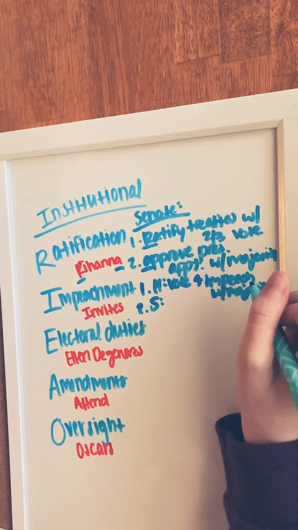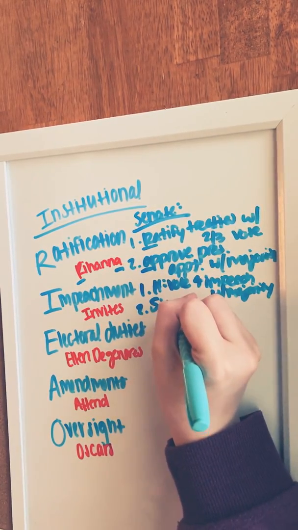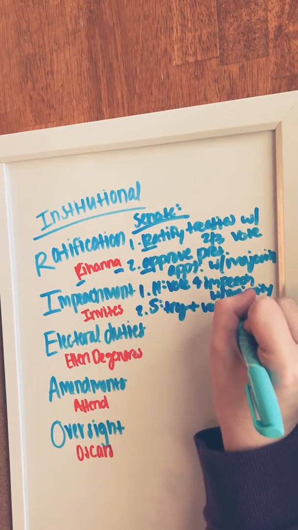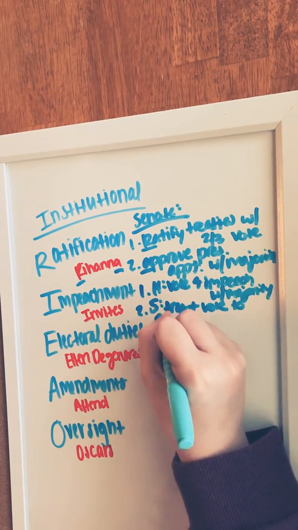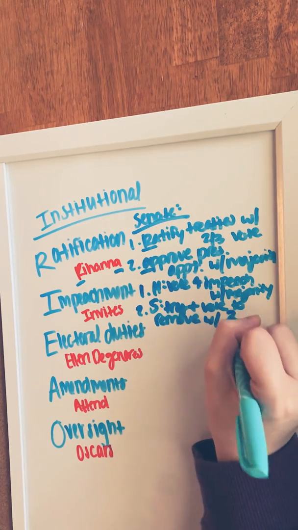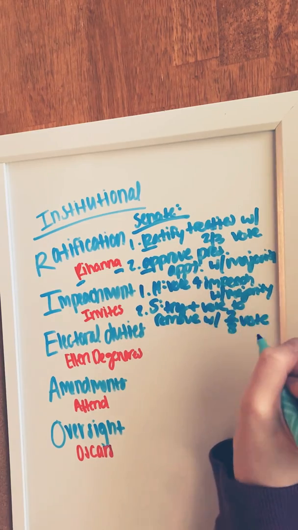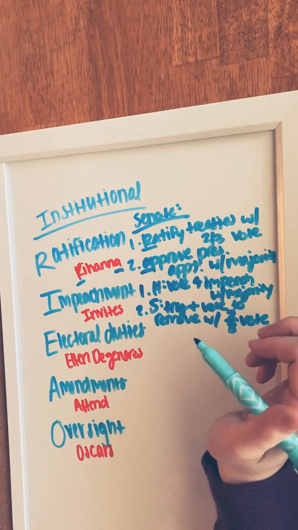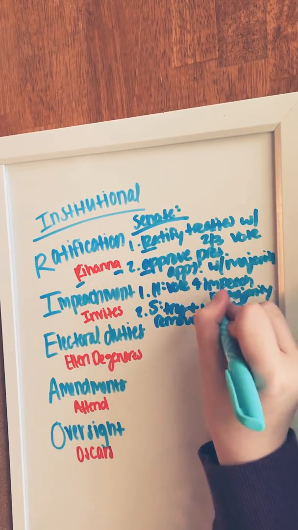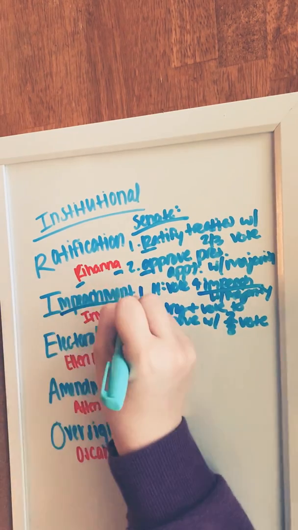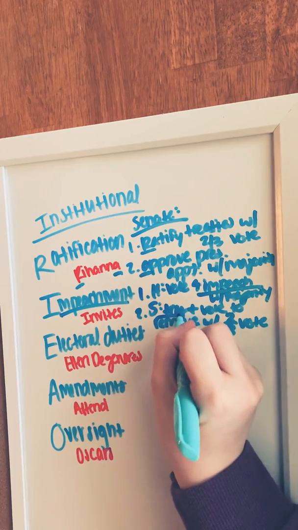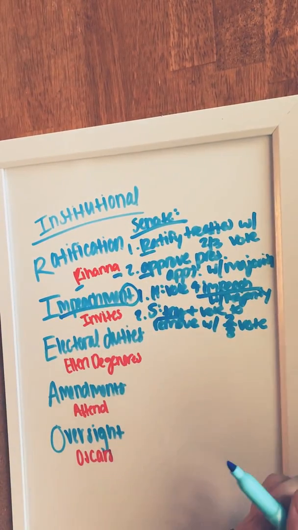And then the Senate, they try and vote to remove with 2/3 vote. All right, so you're asking yourself, how am I going to remember this? Well, if you remember that the House impeaches, it's really in the word impeachment. And then if you remember, if the Senate tries, impeachment ends with T. So there you have it.